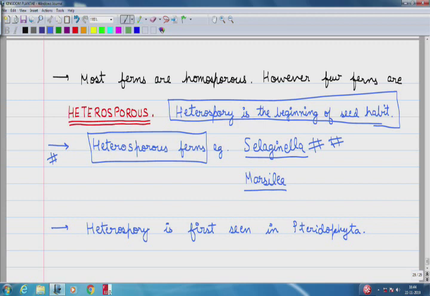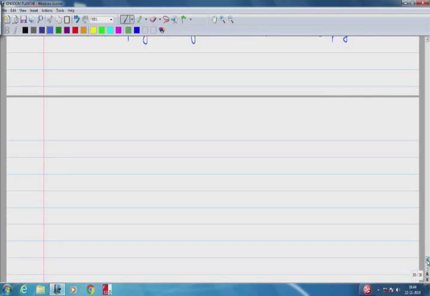Now let us talk about how Pteridophyta look, what their root, stem, and leaf are like.